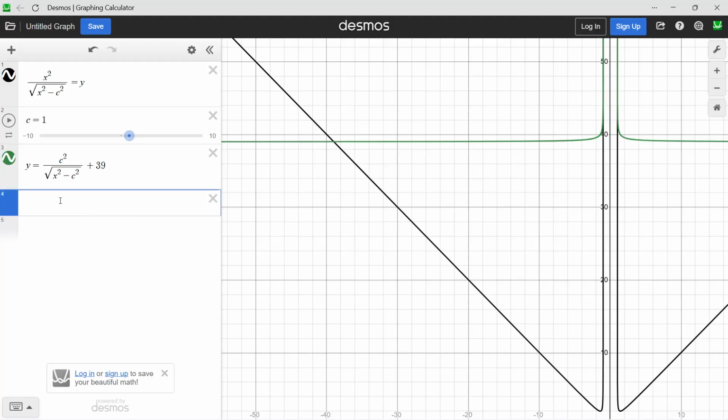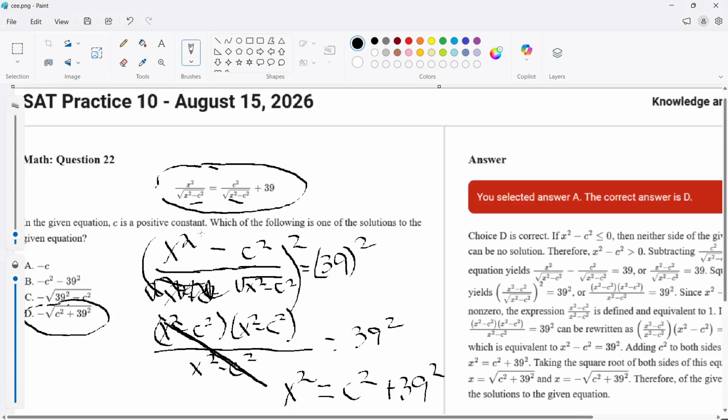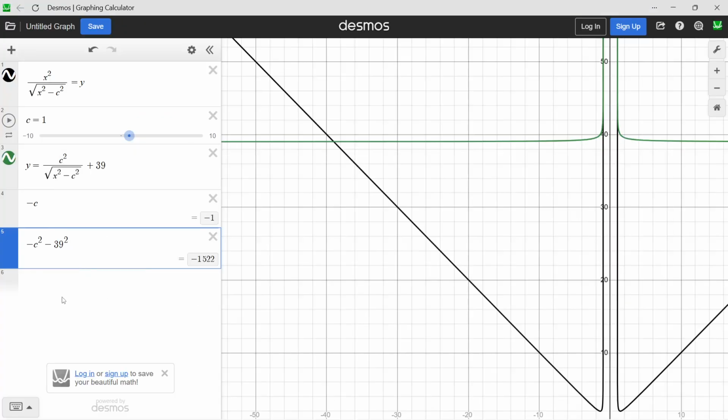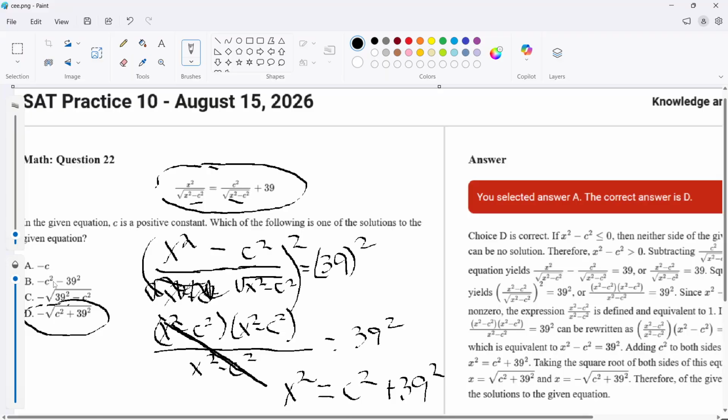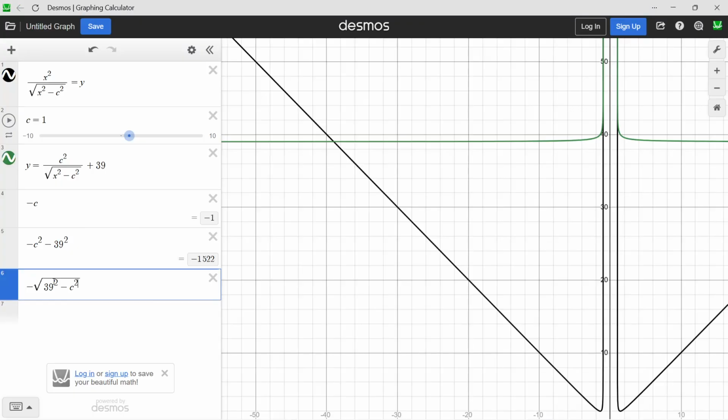So now I can put in these different choices. Negative c, is it A? Well, that's negative 1. It doesn't cross at negative 1. Let me put in the second one. Negative c squared minus 39 squared. It doesn't cross at negative 1522. Let me try this one. Negative square root of 39 squared minus c squared.